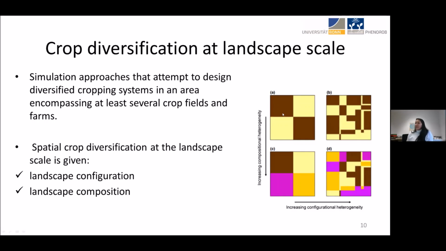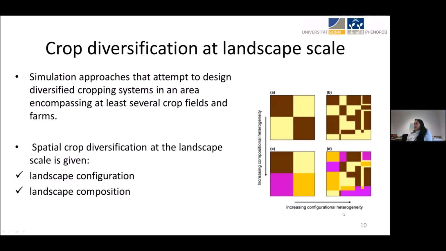So basically, for the landscape composition, in this example, in letter A, we have, for example, in this square two crops. If you want to increase the compositional heterogeneity in this field, then there is an increase in the number of crops within the same field, and in this way the compositional heterogeneity increases.